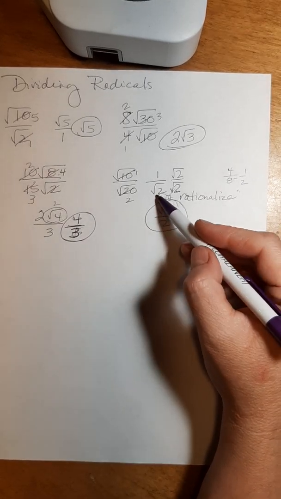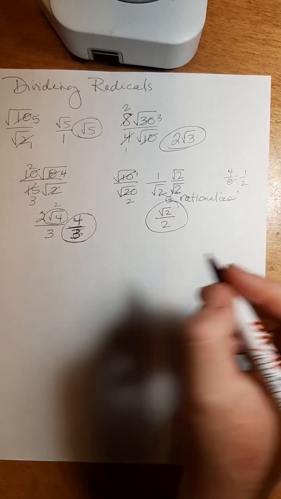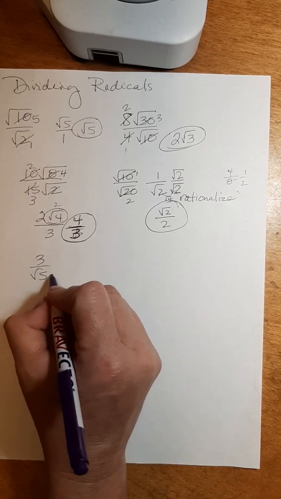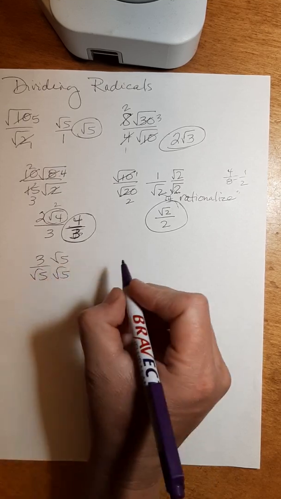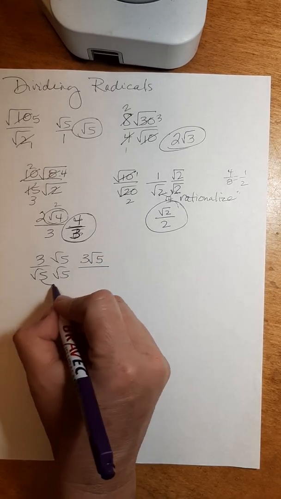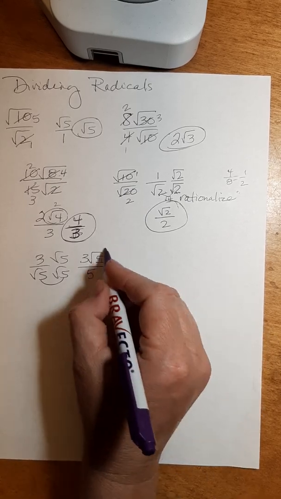So if it's a square root underneath, you actually can multiply by the exact same square root every time. So like if I had 3 over square root of 5, multiply the top and the bottom by square root of 5. So 3 square root of 5 over square root of 25, or 5.